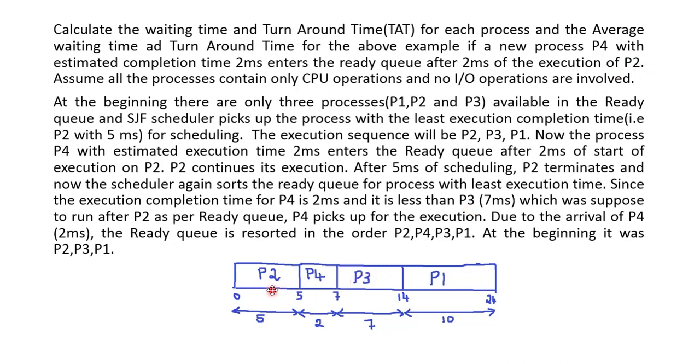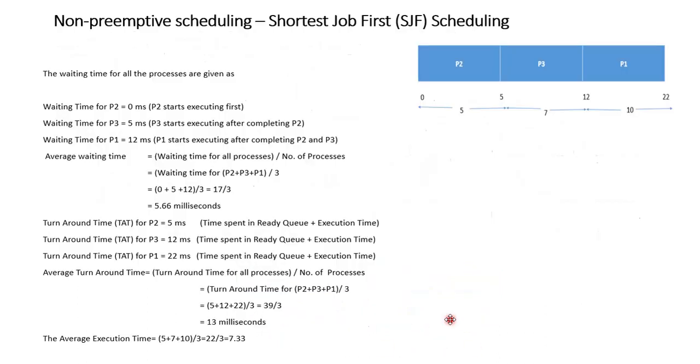We are considering a new process here. As we have seen in the earlier example, we had the processes P2, P3, P1 with the execution time 5, 7 and 10, right? Now what we are assuming is after the completion of 2 millisecond of the execution of P2, a new process enters the ready queue with the shortest time of execution.